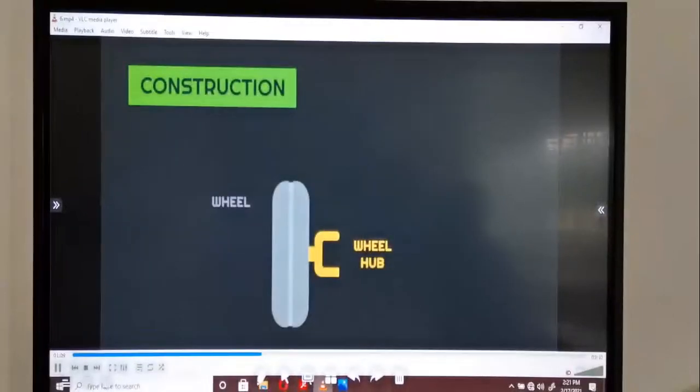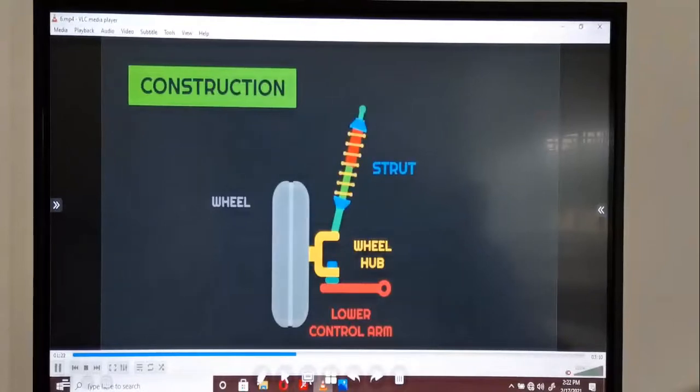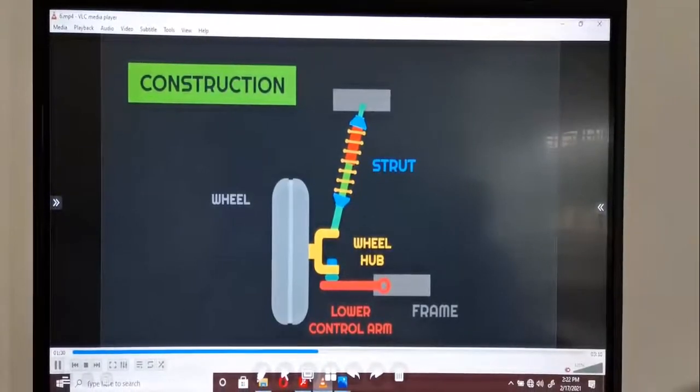So now let's see the construction. The wheel hub is connected with the lower control arm, but here in the absence of the upper arm, the strut is connected there. Now let's see how it works.